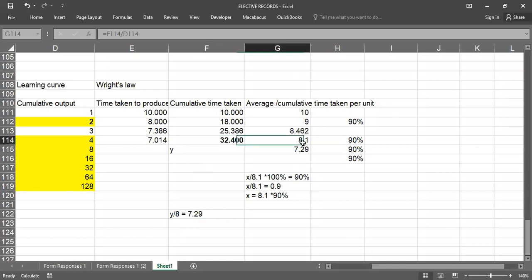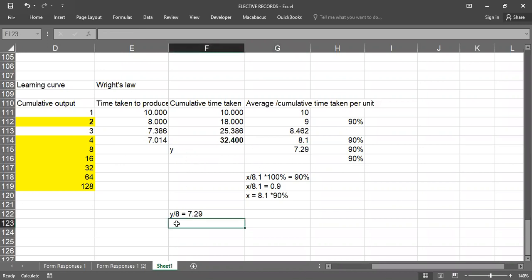So to get this 8.1, we take the cumulative and divide it by the number of units. That's all. Meaning that in this scenario, to get this 7.29, Y divided by 8 equals 7.29.